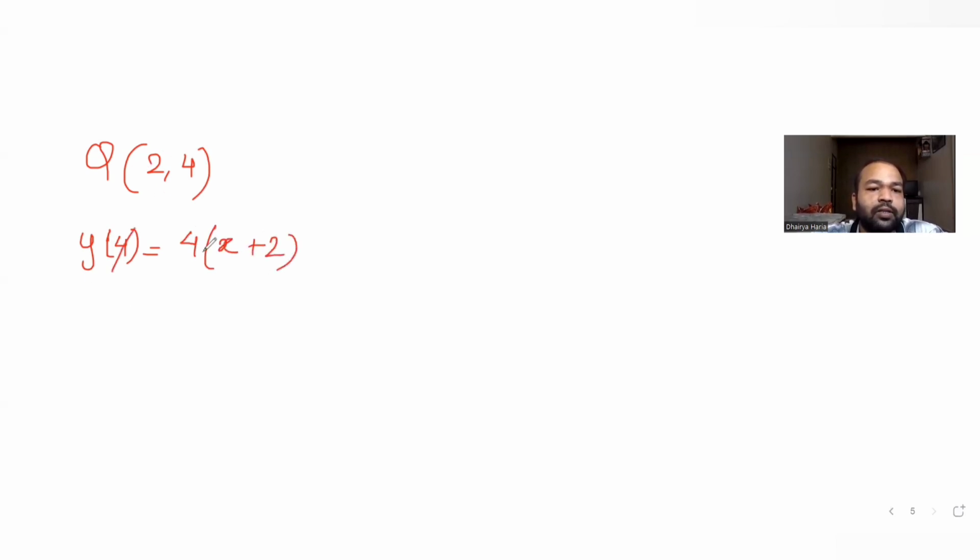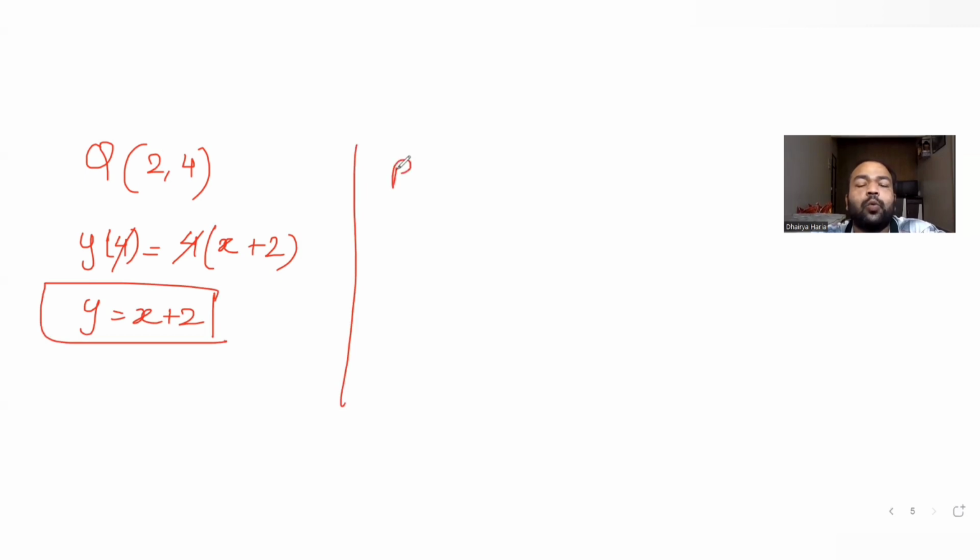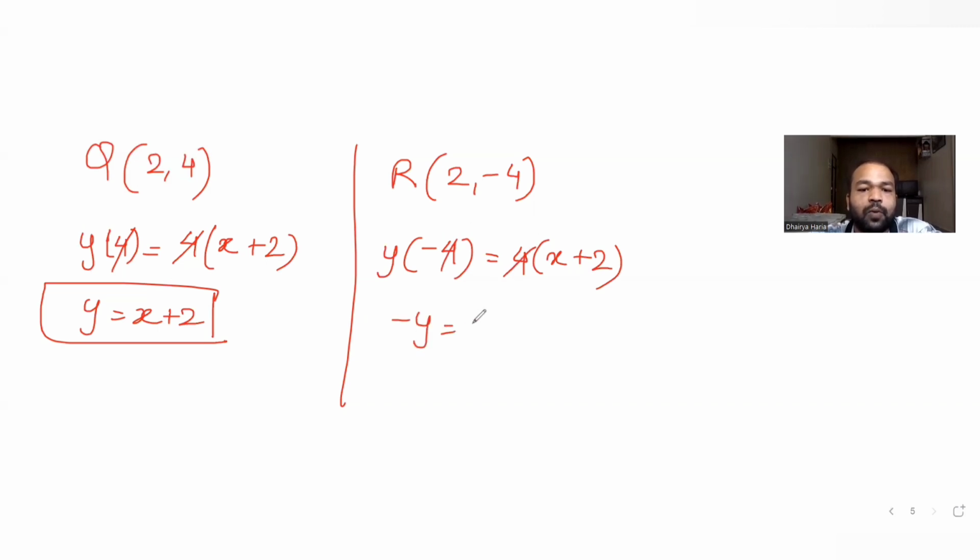So you get this cancelled here, and y becomes x plus 2. And further, if I find the equation of tangent at point 2 comma minus 4, I get y into minus 4 is equal to 4 into x plus 2 again. So you get this cancelled too, and the equation is minus y is equal to x plus 2.